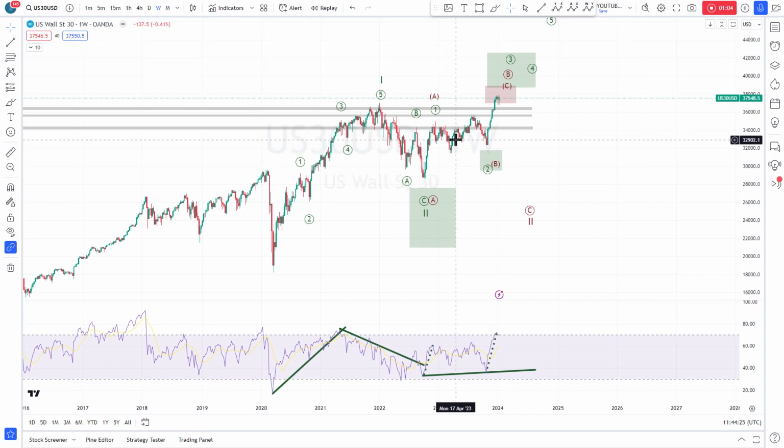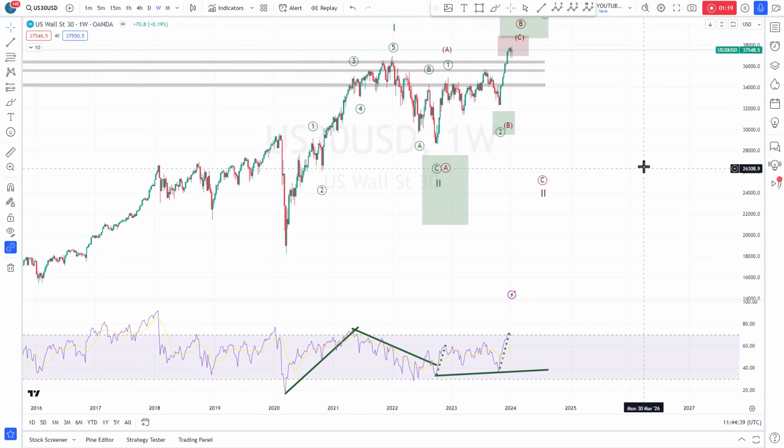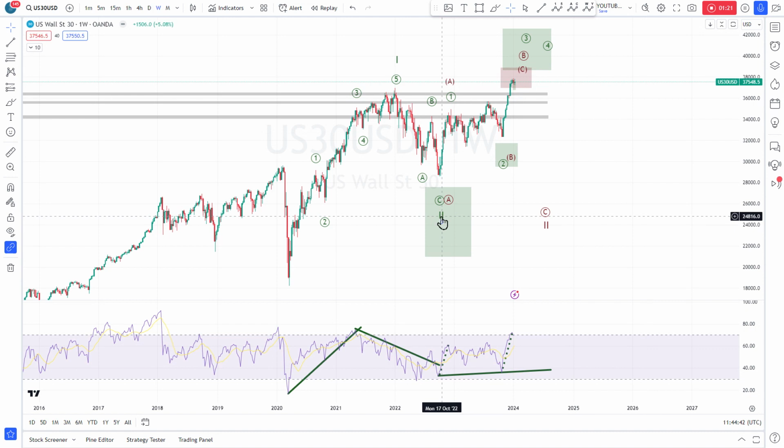However, from an Elliott Wave point of view, I would like to show you a bearish scenario, a scenario that is possible. This scenario is indicated here in red, and it would mean that the wave 2 low right here was not in yet, but that we are still working on a correction, and this correction would take place as an expanded flat structure.